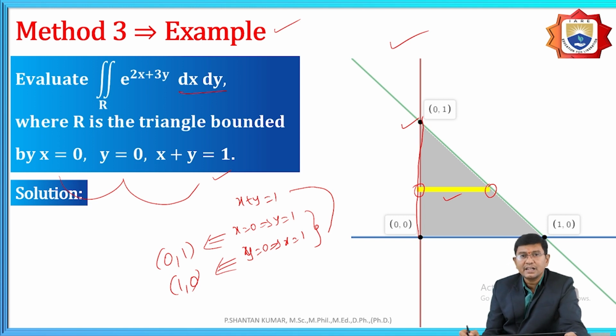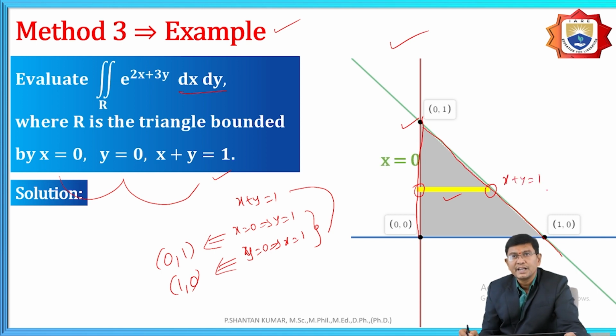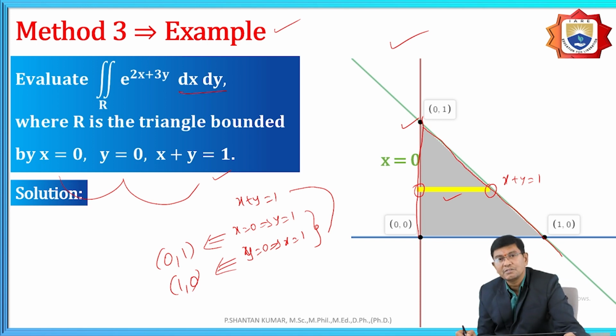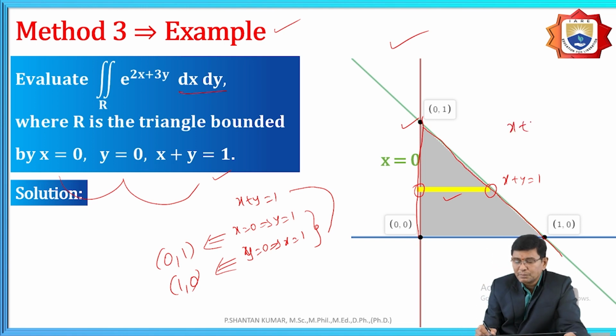While finding that x outer limit, that is the upper limit, it is based on a line, that is x plus y is equal to 1. That means here x is equal to 0, and the second one is x plus y is equal to 1. From this, we need to find x is equal to 1 minus y.